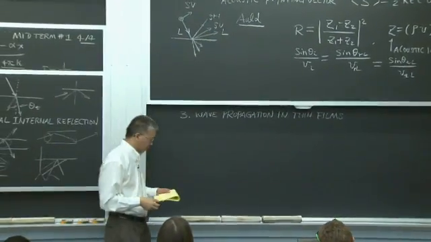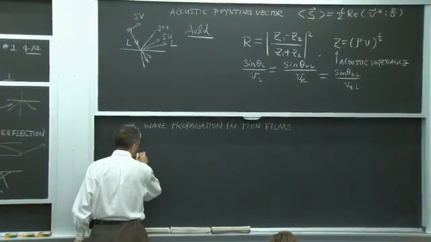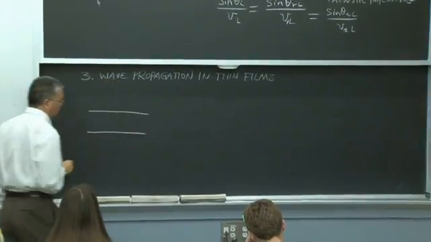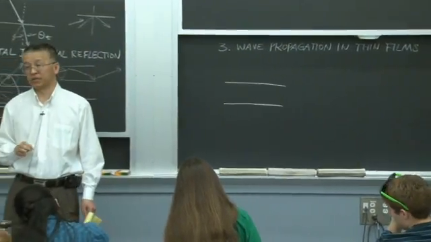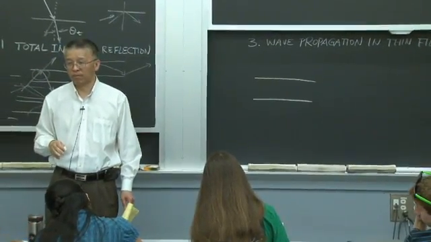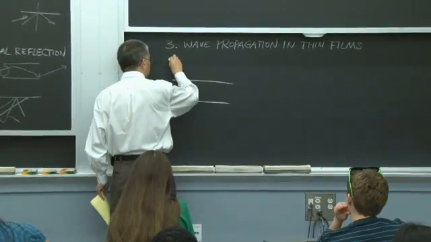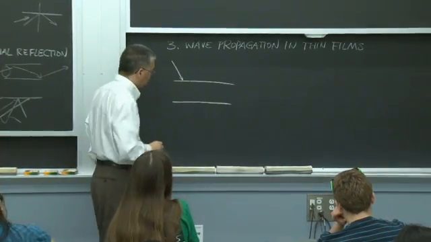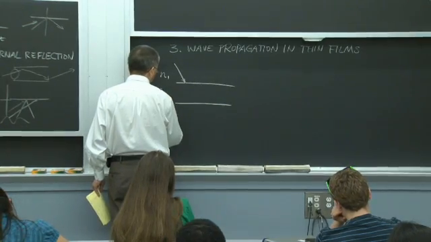In thin films, before we had one interface, now let's go to two interfaces. Going from two interfaces to n interfaces is actually quite straightforward. The physics is that the wave comes in at the first interface, let's say N1, N2, N3.